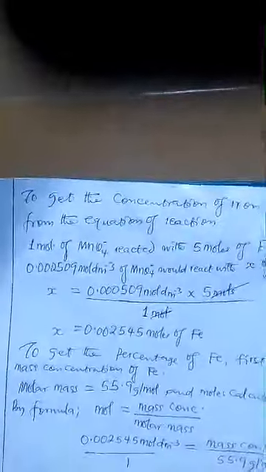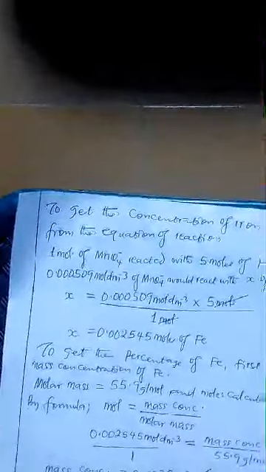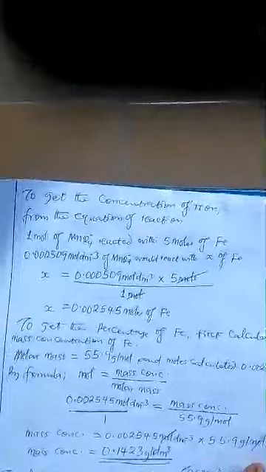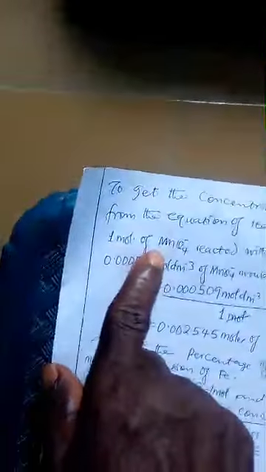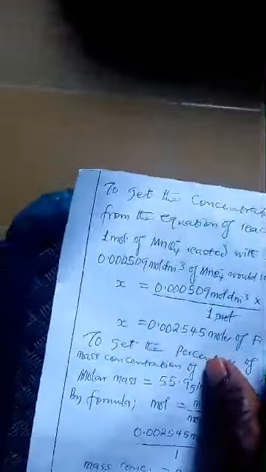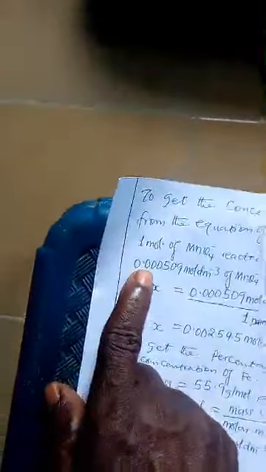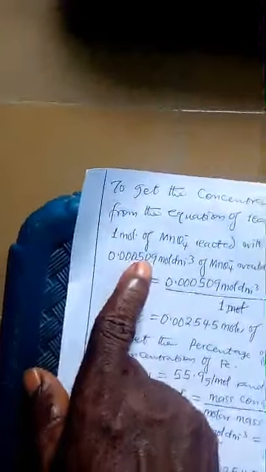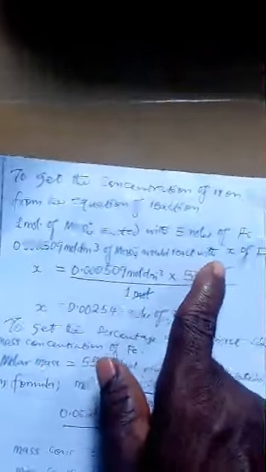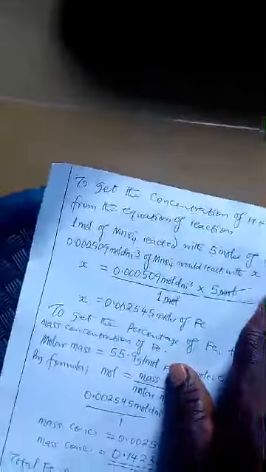Now, to get the concentration of iron, from the equation of reaction, we are meant to understand that 1 mole of potassium permanganate reacts with 5 moles of iron. If 1 mole of potassium permanganate reacted with 5 moles of iron, then the calculated 0.000509 mole per dm3 of potassium permanganate will react with x of iron.